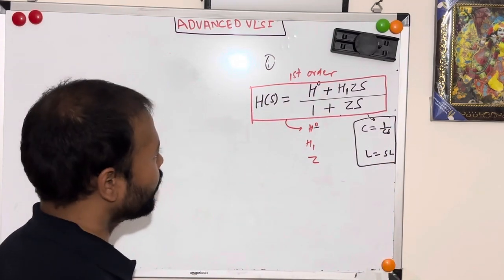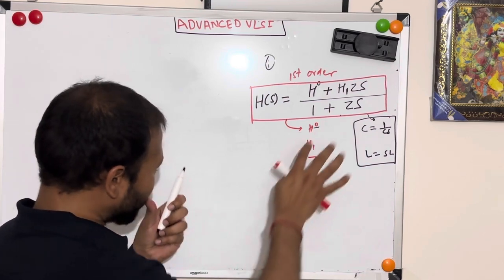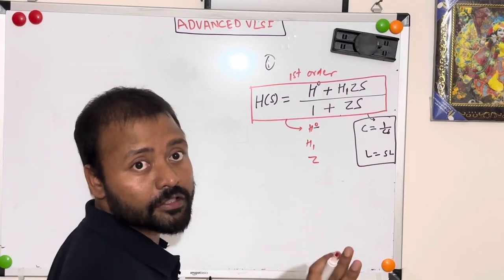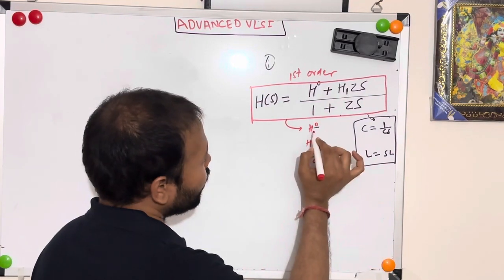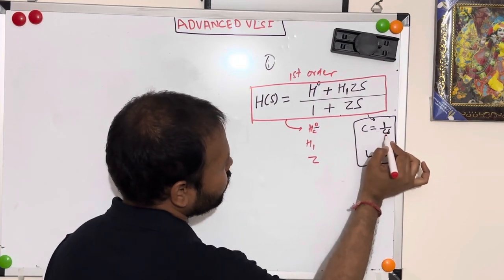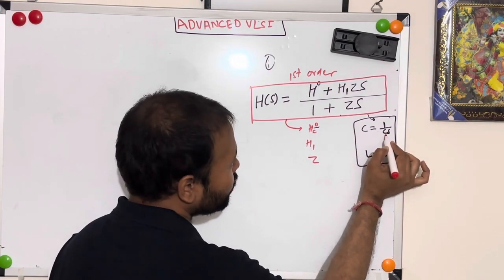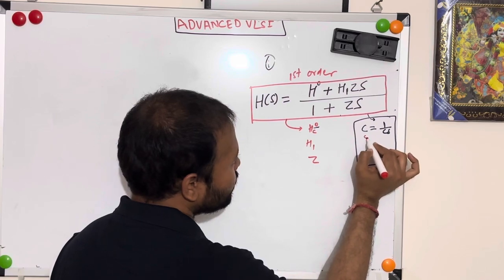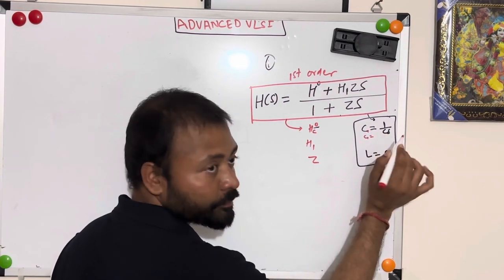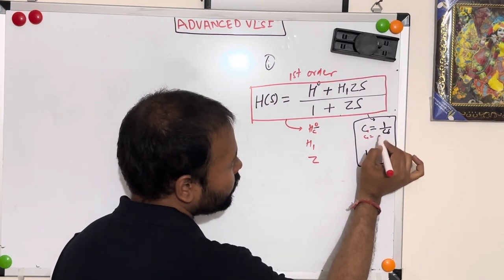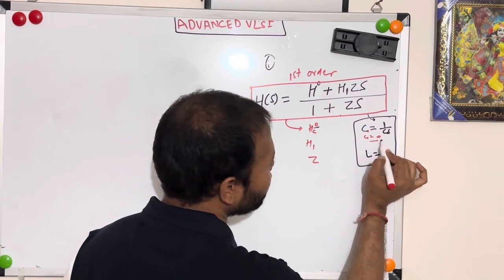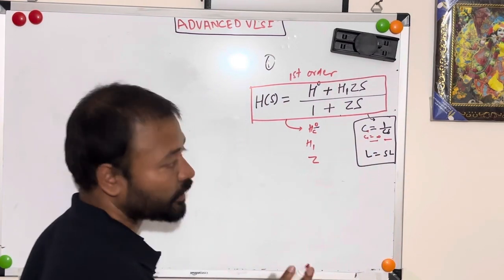Whenever I say h of 0, whatever the circuit, just put s as 0. If a capacitor is there, then put the C as 0. If I put C as 0, then C1 becomes infinity. Infinity means open circuit. Just for remembering, infinity means open circuit.